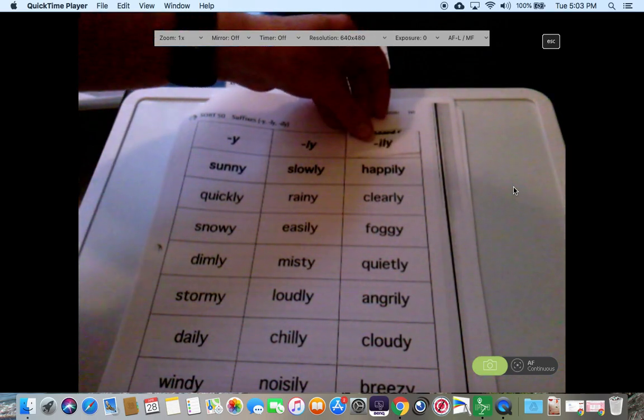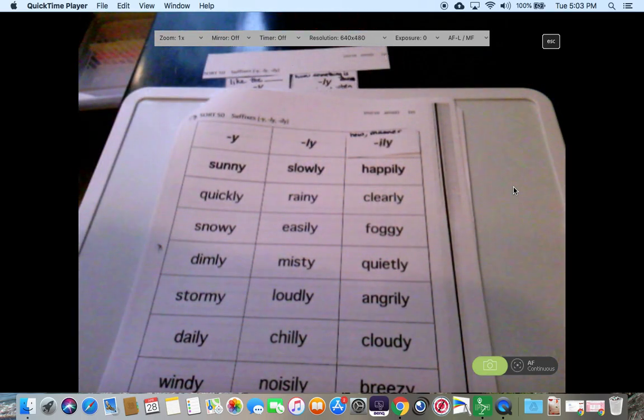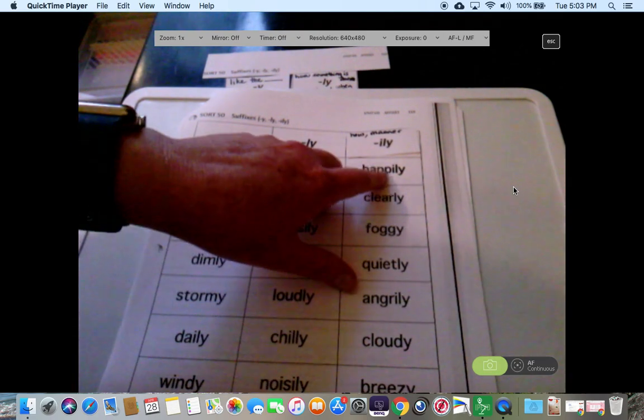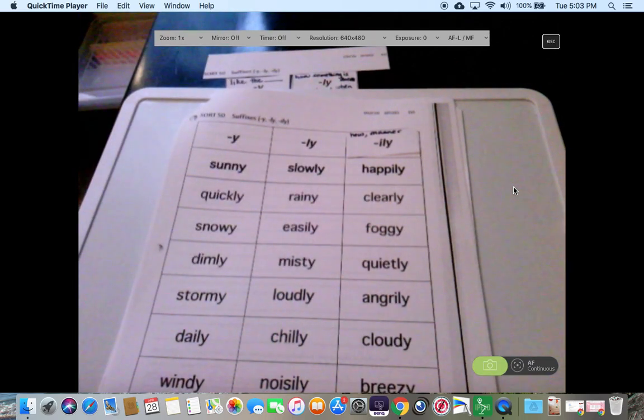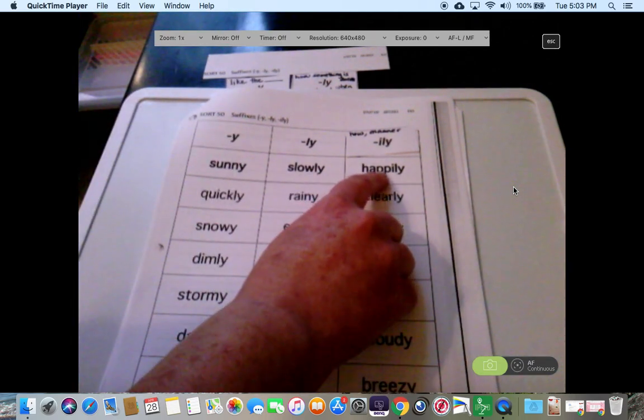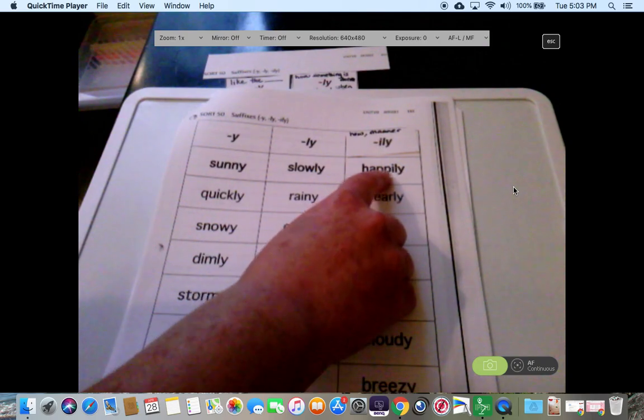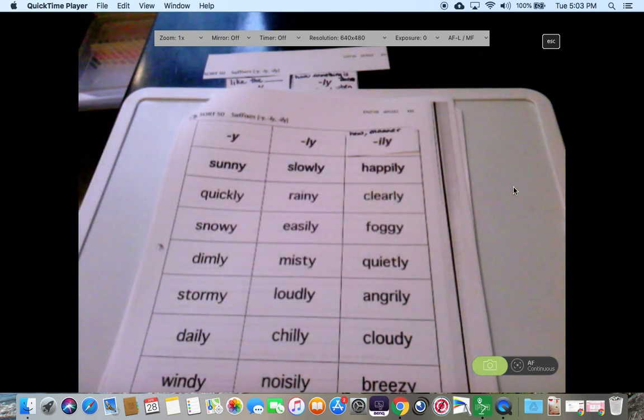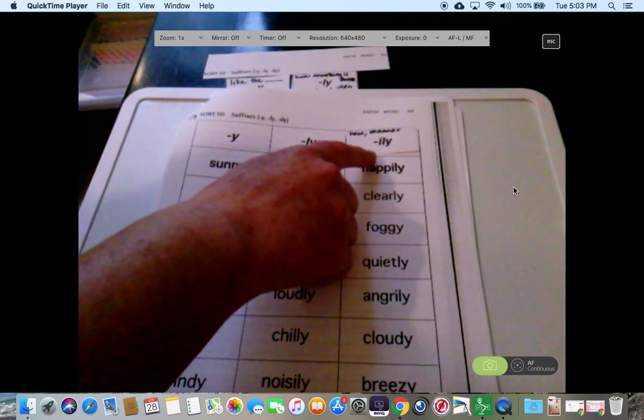This last one here, ily, tells how or the manner in which something is done. So again, for the example, happily, you can think of the word happy, right? So if I were to say she was happy, or she happily said, yes, she would help me. That's telling me, how did she say it?